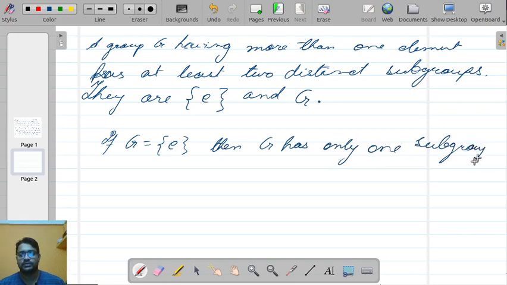The only subsets of singleton E are phi, the null set, and singleton E itself. So G has only one subgroup, that is G itself. So these are the trivial subgroups that we have talked about.